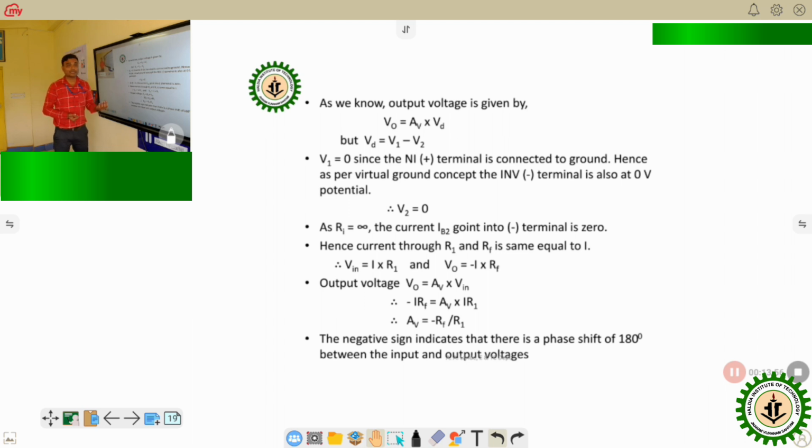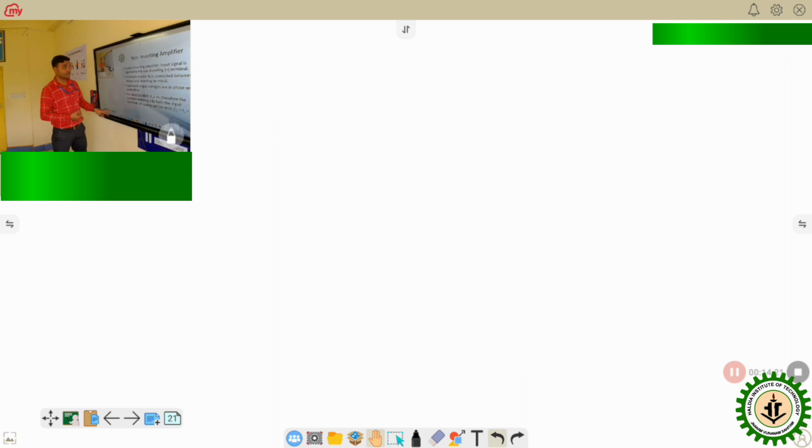Whatever input is applied, the output is amplified by this gain factor. The negative sign indicates the 180-degree phase shift between input and output. That's why the output is 180 degrees out of phase with the input.